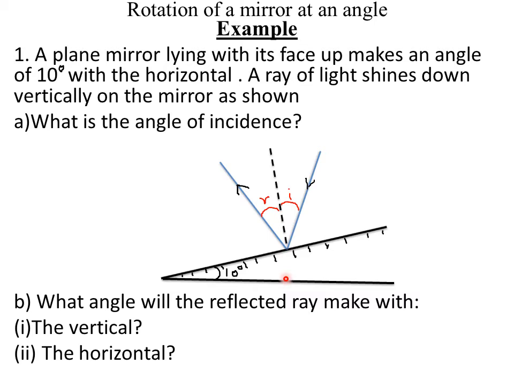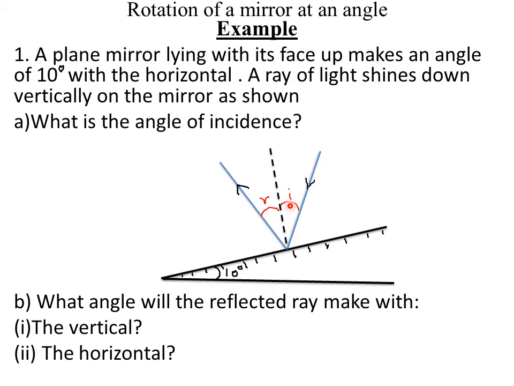Therefore, a normal drawn to the inclined mirror through the point of incidence makes an angle i with the incident ray. This is the angle of incidence that we have been asked to find.